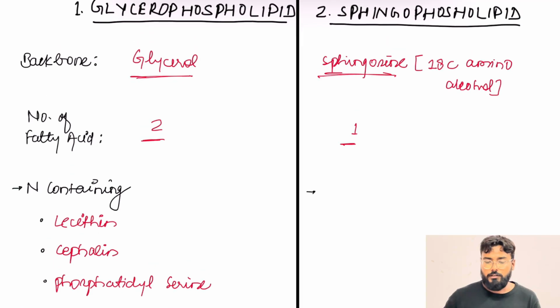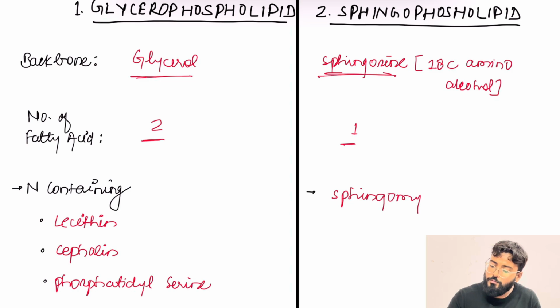Now the example of sphingophospholipid, the only one that you need to remember, which is really important, is sphingomyelin. Sphingomyelin is your sphingosine containing lipid. But glycerophospholipids are not sphingosine containing lipids.